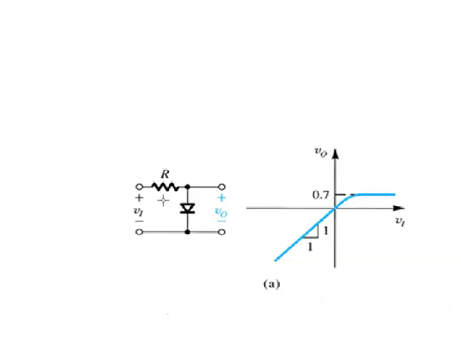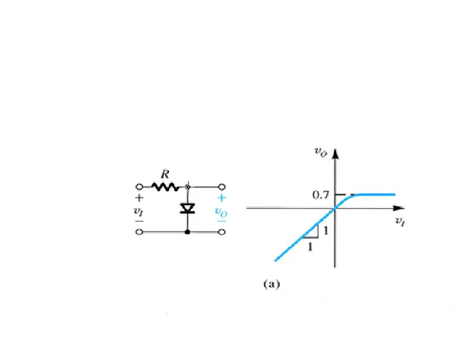First, take a look at the circuit. This is our V in, that, as I said, starts from minus infinity and goes to plus infinity. There is a resistor R, and there is a simple diode with the drop of voltage of 0.7, and here is the output. Let's see what will happen when my voltage is negative in this region.